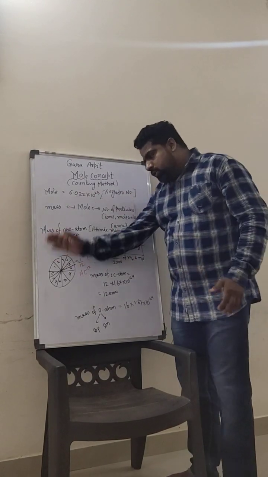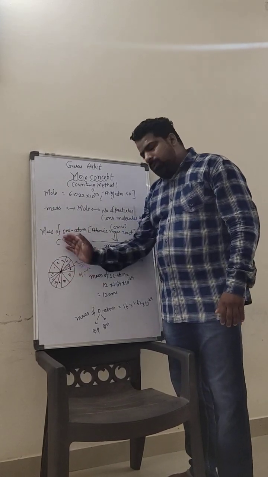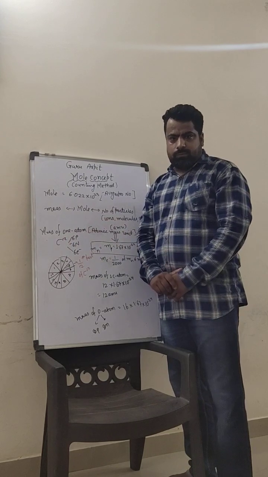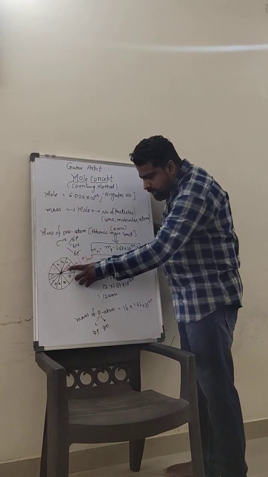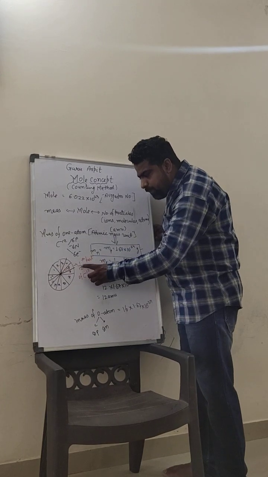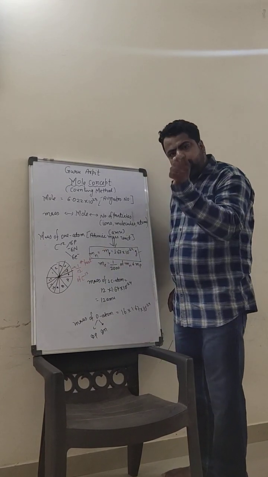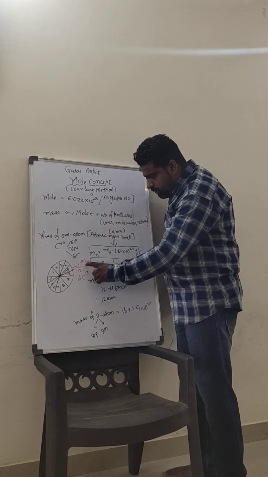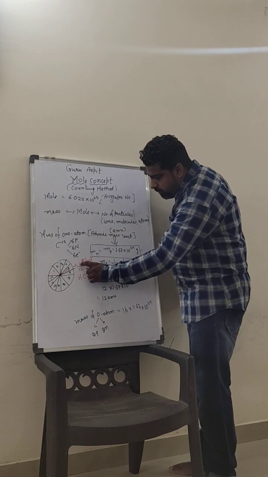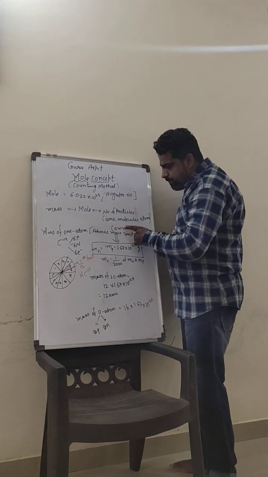So in calculating the mass of an atom, we divide carbon 12 into 12 equal parts. The 1 upon 12 part of carbon 12 is called the weight of the proton or the weight of the neutron. The weight of the 1 upon 12 part of carbon 12 is also known as AMU.